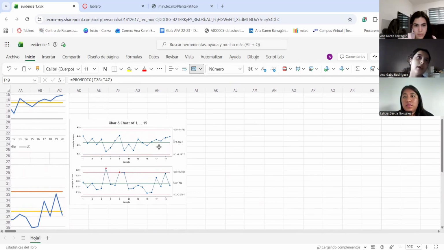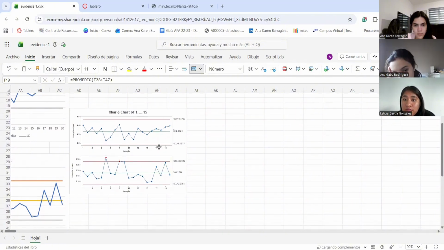So all the recordings from 1010 were around the same average, like around 4. That's okay. But for the S chart, the one below, I have two red points, so I think those were out of control.